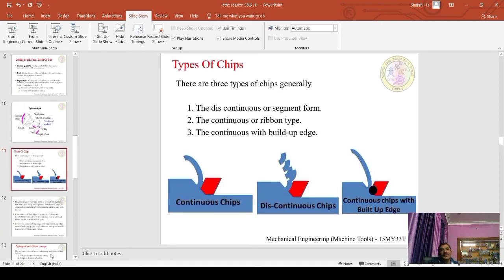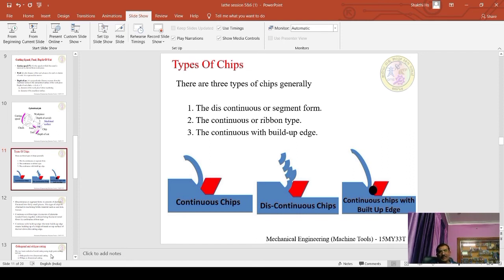Types of chips in a lathe produced at the time of removing the material. There are three types of chips produced: discontinuous chips, continuous chips, and continuous chips with built-up edges at various stages, depending upon whether the material is hard, soft, ductile, or malleable.